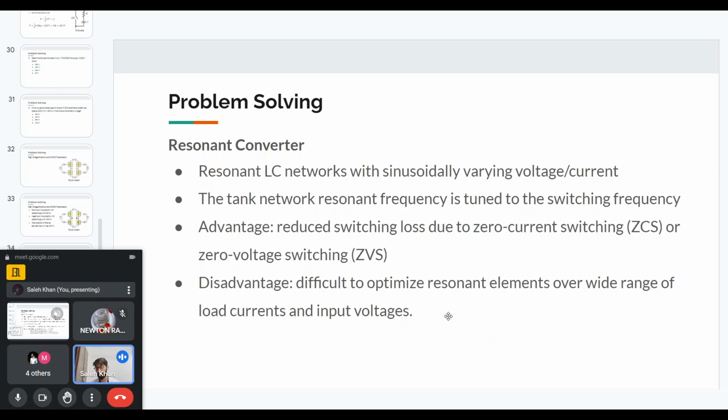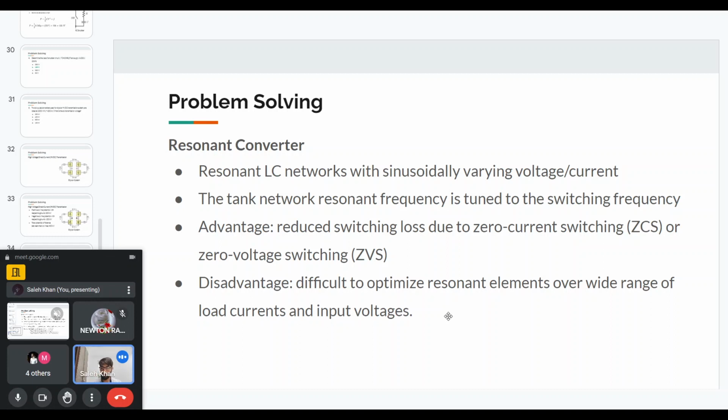And this resonant frequency is tuned to the switching frequency. So based on what our switching frequency is, we will have a particular resonant frequency. And the advantage of this kind of system is that the switch will be turned on or turned off at zero current or zero voltage, and that will lead to reduced switching losses.